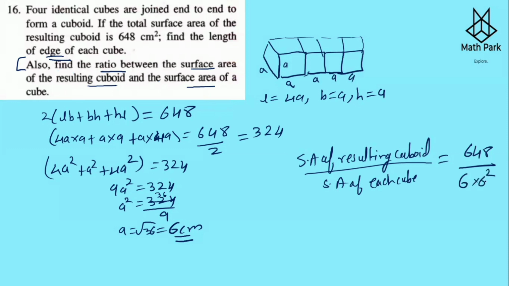So 6 into 6 square. So which is 648 upon 6 into 6 into 6. Let us simplify this. Dividing by 6, you get 6 ones are 6, 0 and 6 eights are 48. Again dividing by 6, 6 ones are 6 and 6 eights are 48. Again dividing by 6, you get 3 upon 1. So the ratio is 3 is to 1.